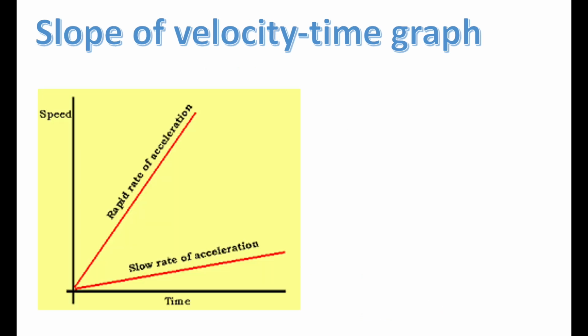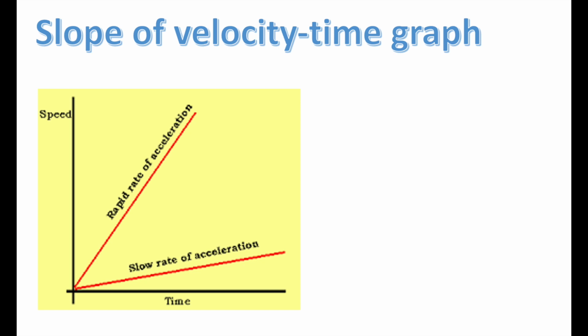Slope of velocity time graph for two different motions. Here you can see speed or velocity is plotted along the y-axis and time along the x-axis. For the upper red line, the angle between the x-axis and this line is more compared to the second red line.